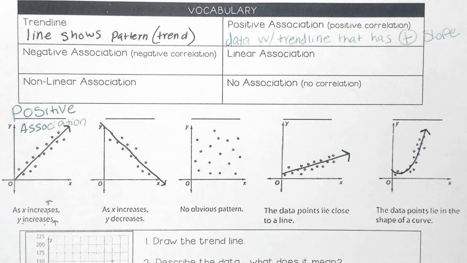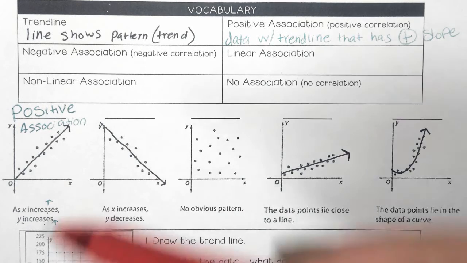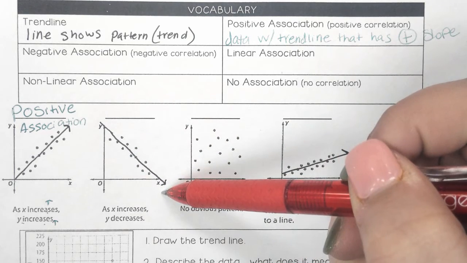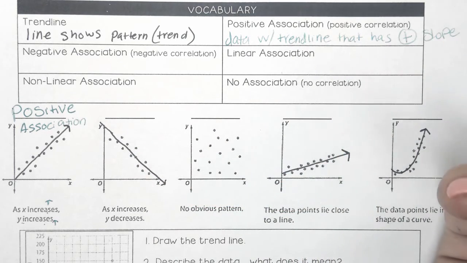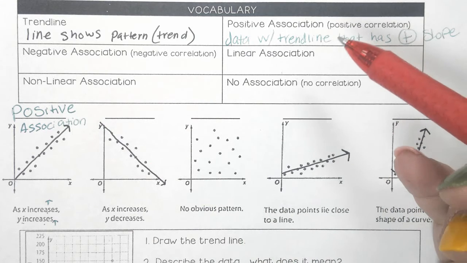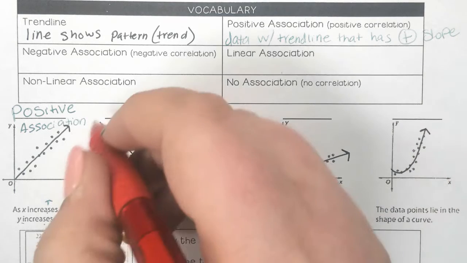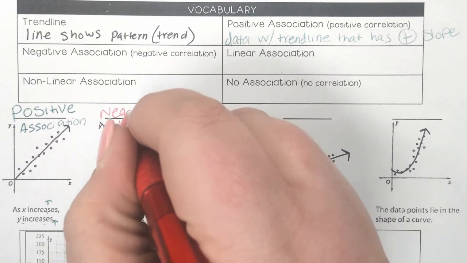Looking at the line beside that, we can say that this line is going down toward the right. So if the line's going down toward the right, then the slope is negative. Since we define association based on what the trend line is showing us, we would say that this is a negative association.